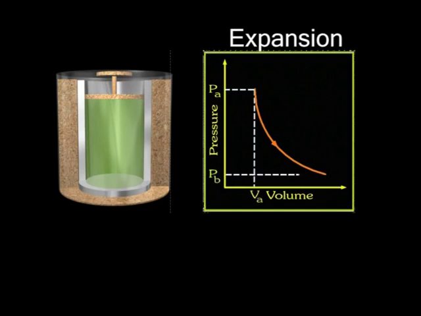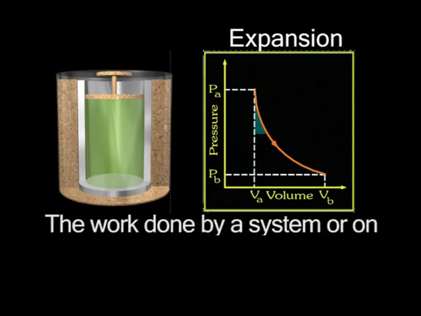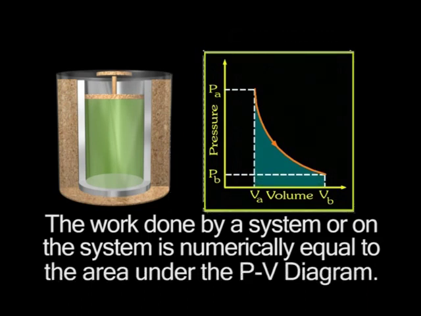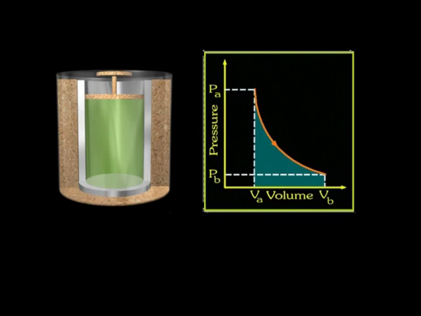It is mathematically proven that the work done by a system or on the system is numerically equal to the area under the PV diagram. Hence, the PV diagram has an important mathematical utility.